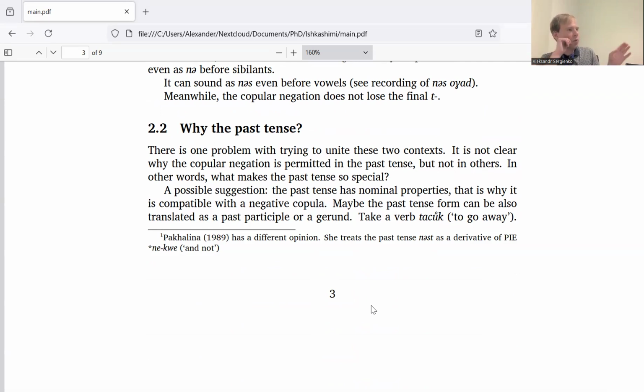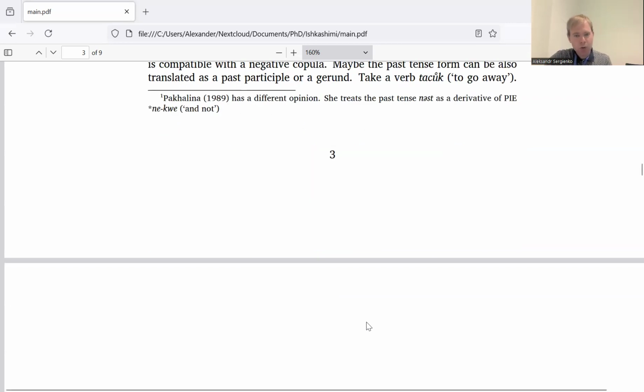So you have the copula, like is not, and it is natural to assume that the past tense is some kind of either a gerund or a participle, a past participle, something that you see in English. He was not, he has not done. Done is actually a bit of a nominal there. So take a verb tatsuk, to go away.